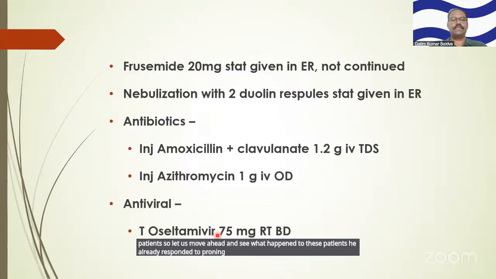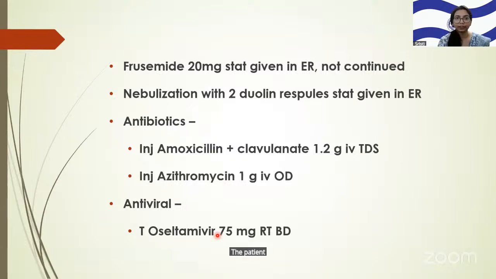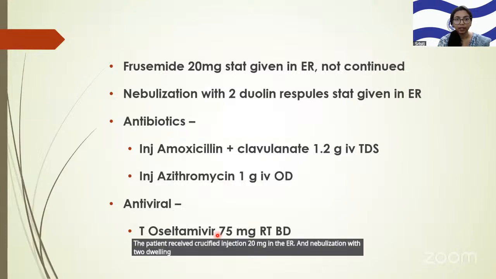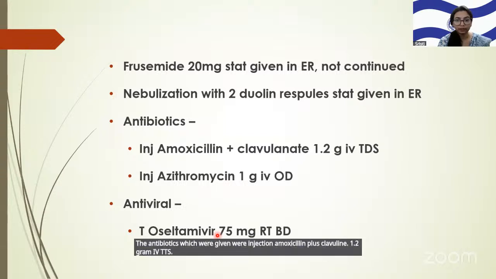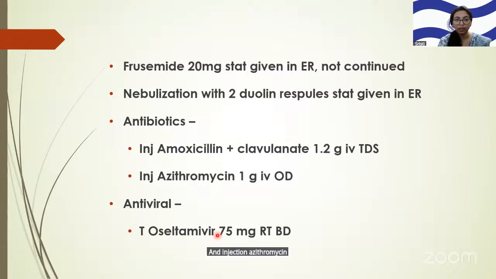Next, Srishti. The patient received furosemide injection 20 milligrams stat in the ER and nebulization with 2 Duolin respules in the ER. The antibiotics given were injection amoxicillin plus clavulanate 1.2 gram IV TDS and injection azithromycin 1 gram IV OD.